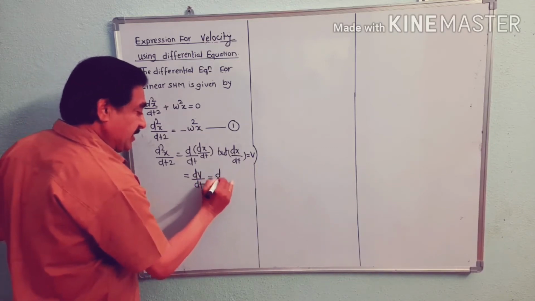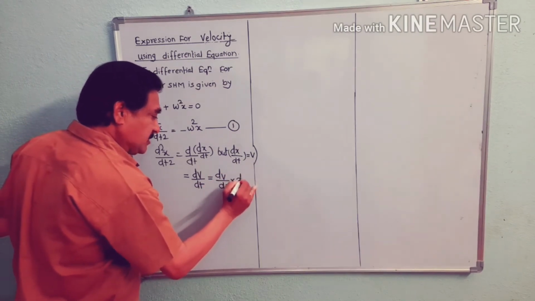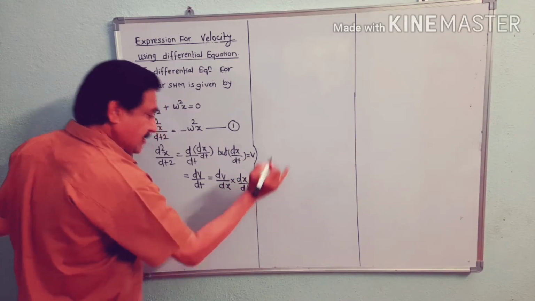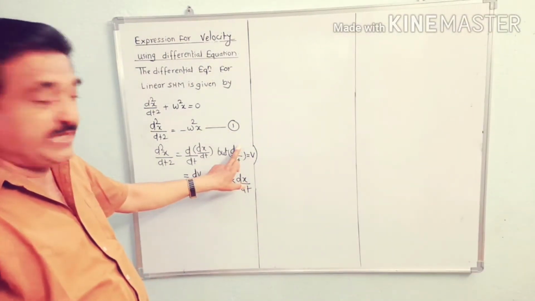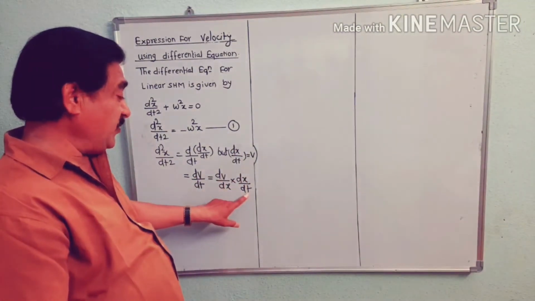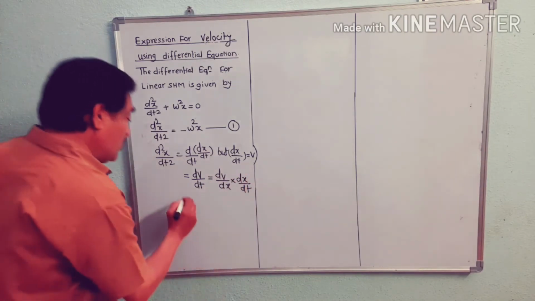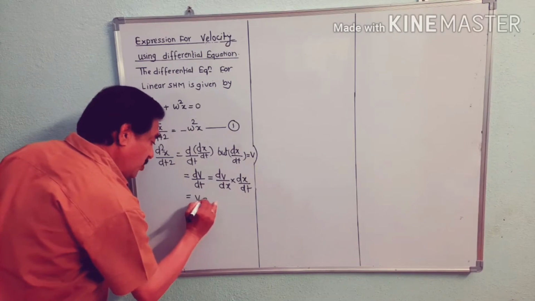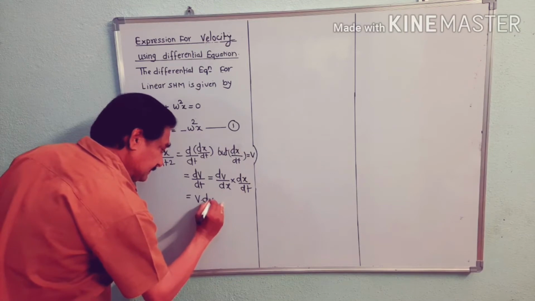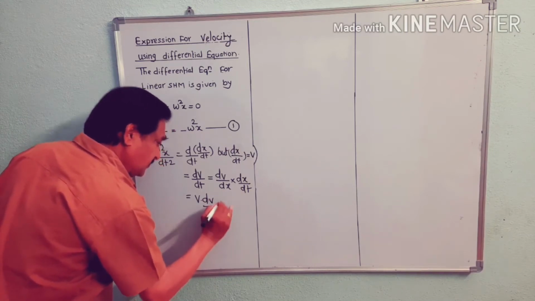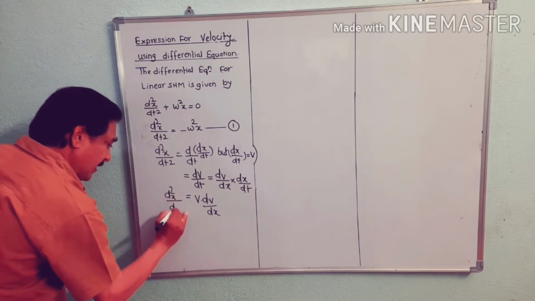This equation is written as dv by dx into dx by dt. But dx by dt is equal to v, that is velocity, the rate of change of displacement with respect to time is known as velocity. So v into dv by dx. So this is the value of d2x upon dt square.